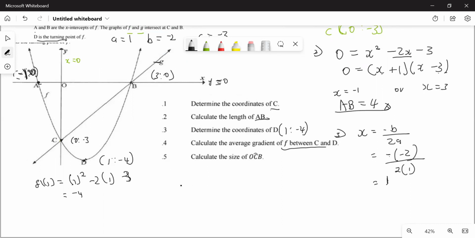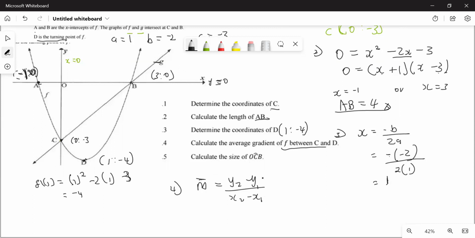Now, if you want to get the average gradient, you get it exactly like your gradient. Nothing has changed. You have M, then you just put a bar to say you're talking about an average. So you're going to have y2 minus y1 all over x2 minus x1.